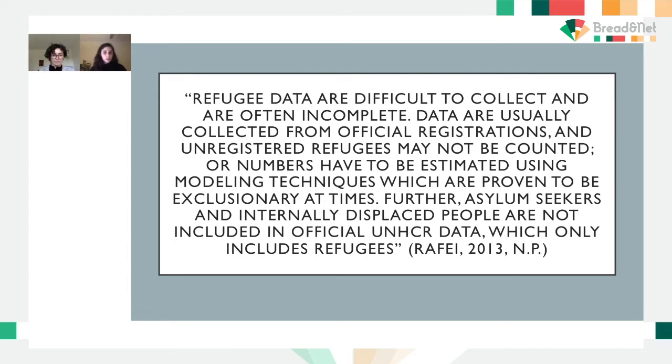Data are usually collected from official registrations, and so unregistered refugees may not be counted. In another way, numbers have to be estimated using modeling techniques that have oftentimes been proven to be exclusionary. On top of this, asylum seekers and internally displaced people are a category that is not included in official data, such as UNHCR's data.